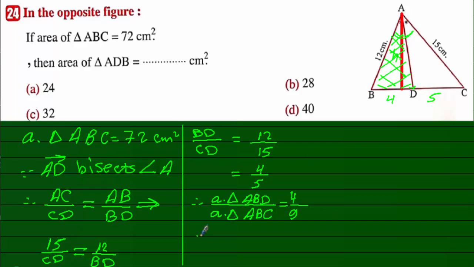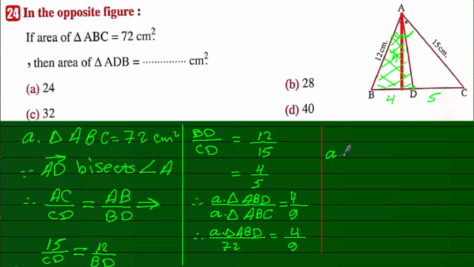So we complete by substituting here. Area of ABD, it is the required area of triangle ABD, over area of triangle ABC, which equals 72, so it equals 4 over 9. And here we can calculate it.